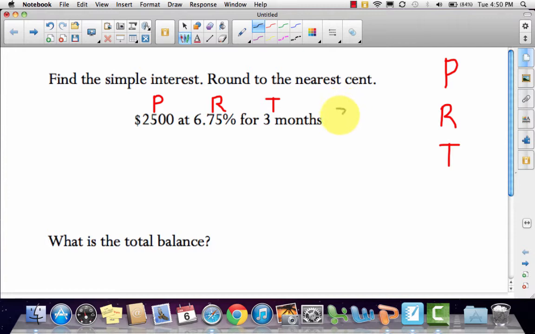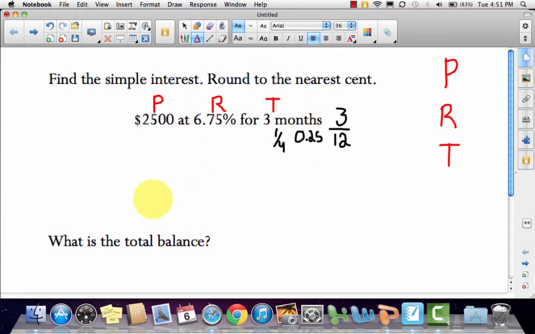And I know that there's 12 months in a year. So 3 months out of a possible 12 is either 1/4 of a year, so I could put it as the fraction 1/4, or it's also equivalent to the decimal 0.25. So I'm going to use one of these quantities when I write out my equation.